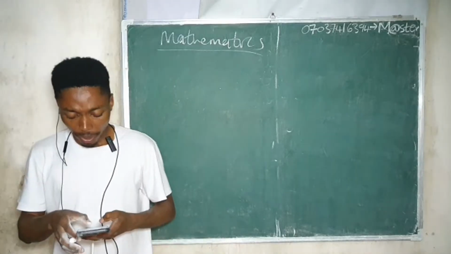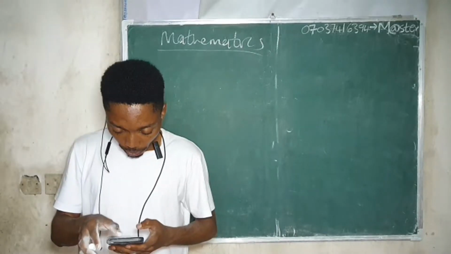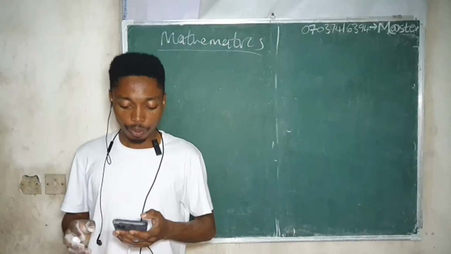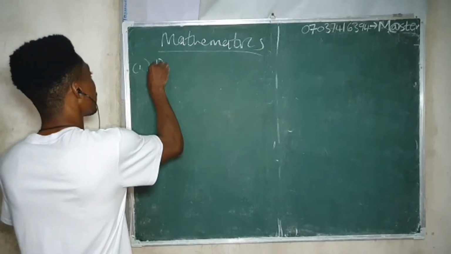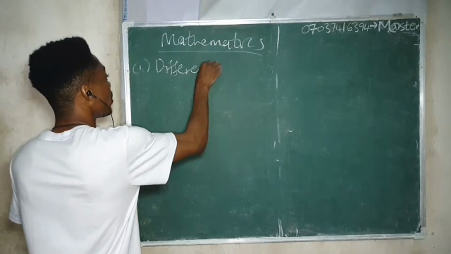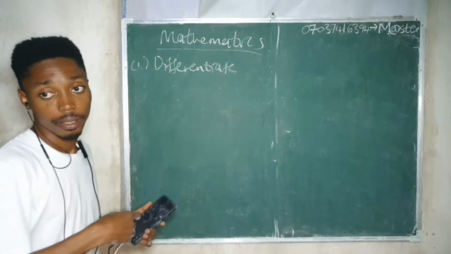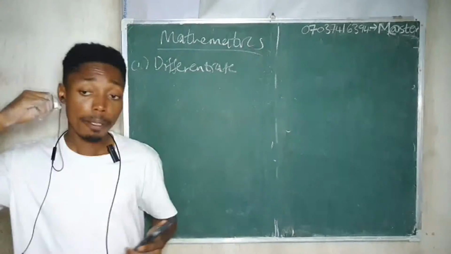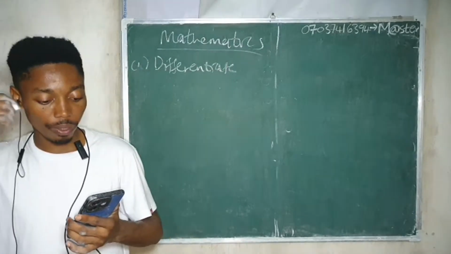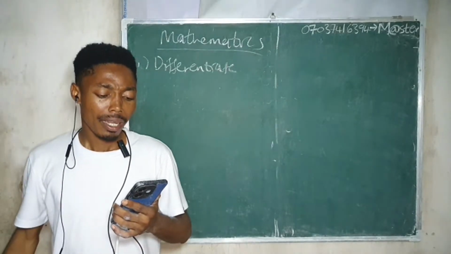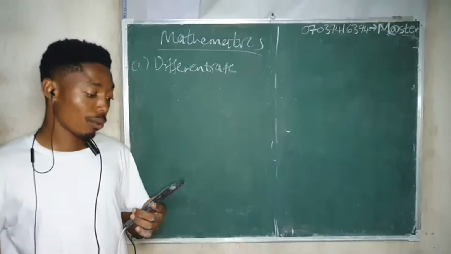All right. So for mathematics, the first question that we have there is on differentiation. The question says: differentiate y equals to 3x squared plus 2x minus 5, all in brackets, raised to power 4, with respect to x. That's power rule and chain rule.